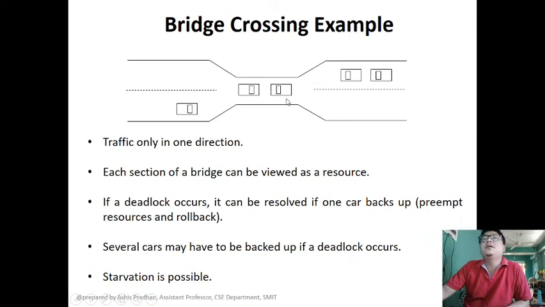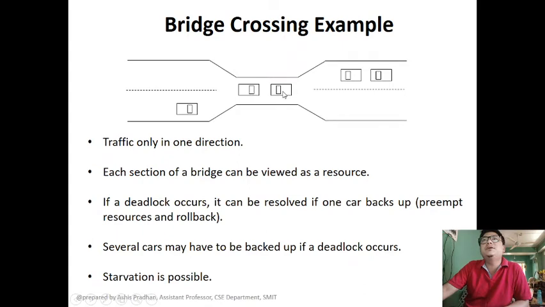However, these expectations will lead to an indefinite situation, indefinite time. This car is expecting that the other car will go back, and the other car is expecting this car will go back. So this situation is known as a deadlock situation. Okay? So the traffic is only one way, only one car can enter at a time. So either one of them has to release the resource, that is the bridge.